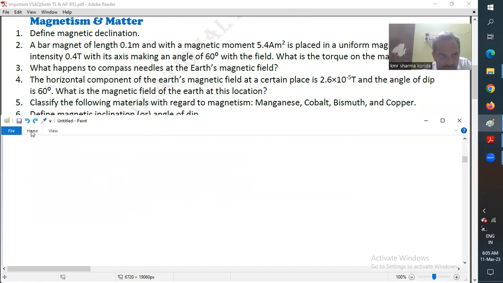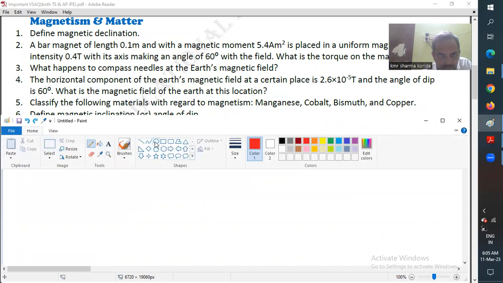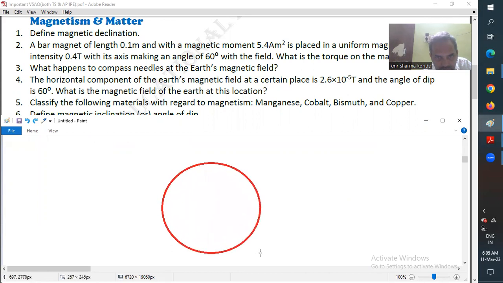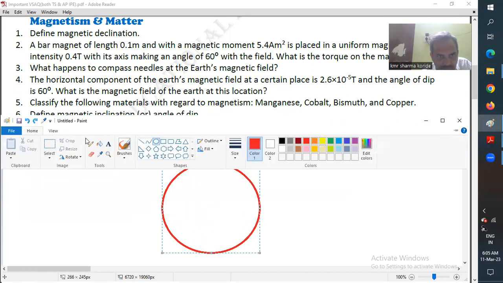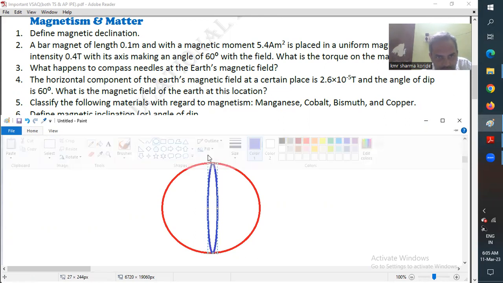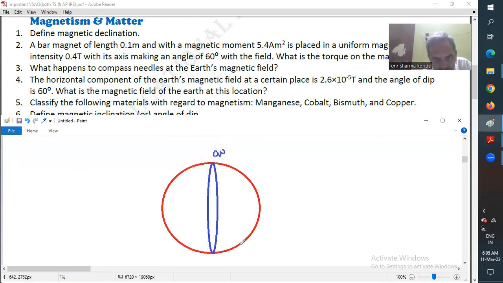So just take this, the external structure of the earth. Then if you take a plane, call this the geographic meridian. This is the plane joining both geographic north and geographic south.